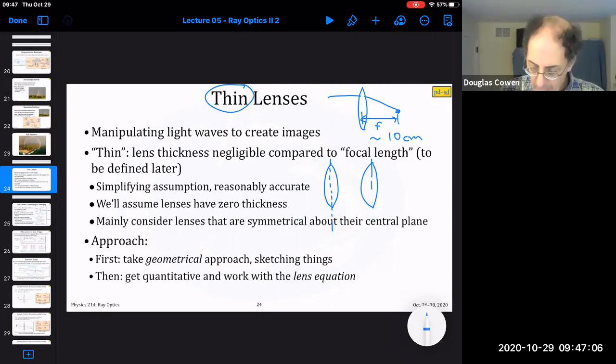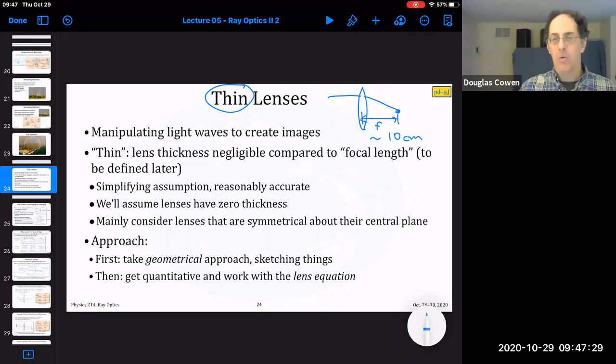Okay, so the approach we're going to take is first the geometrical approach, which means we're going to sketch things to figure out where the image might be for an object given a particular lens and a particular lens's characteristics.